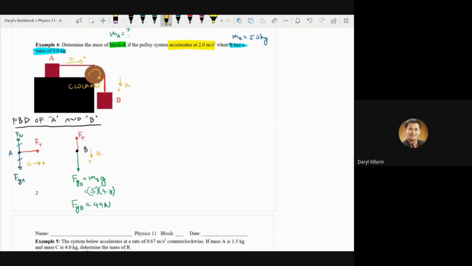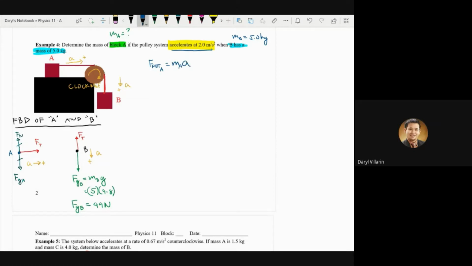So now I'm going to set up the net forces. Since this is accelerating, for this problem you're going to employ Newton's second law. Newton's second law tells you that the net force acting on the object, in this case A, is just equivalent to its mass times its acceleration.